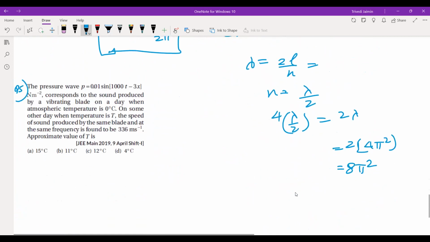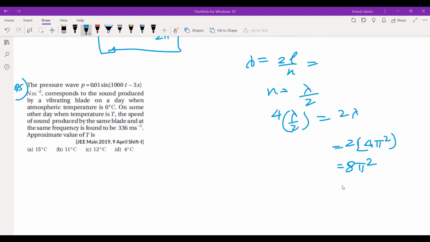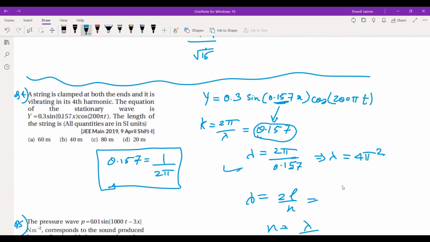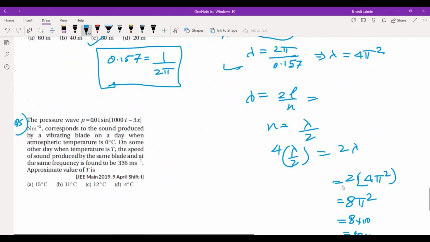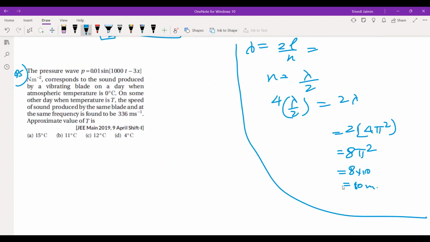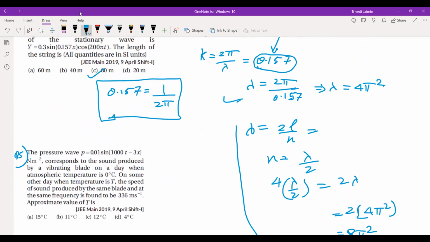Fourth harmonic, yeah. It is every 1 by 2 pi.